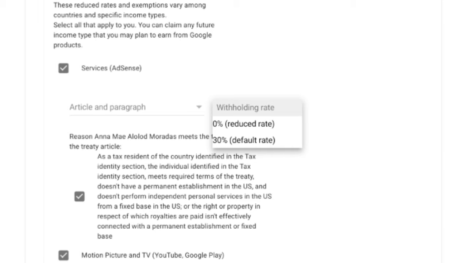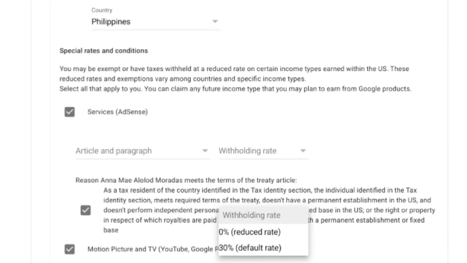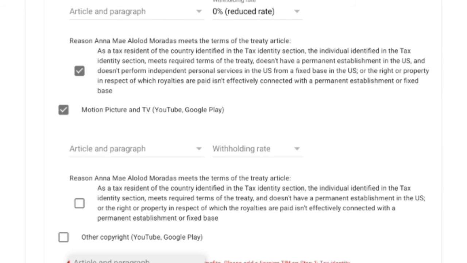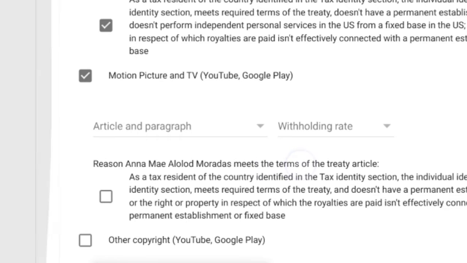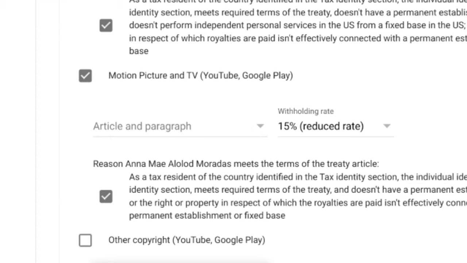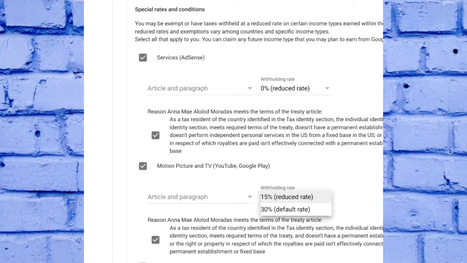As a tax resident of the country identified in the tax identity section, the individual identified in the tax identity section does not perform independent personal services. Pipiliin natin. Tapos, dito sa second, dito naman sa motion picture and TV. So, check natin yan. 30%. Dito guys. Tapos dito, 0% sa services and AdSense. Dito sa motion picture and TV, 15% reduced rate.